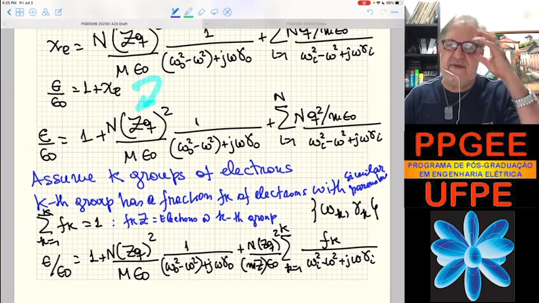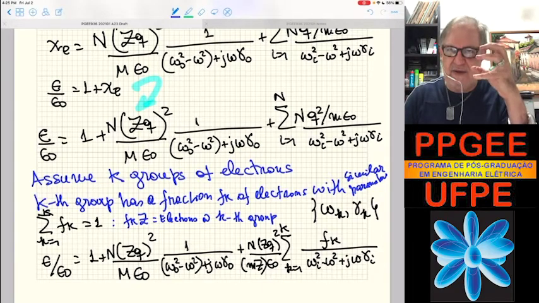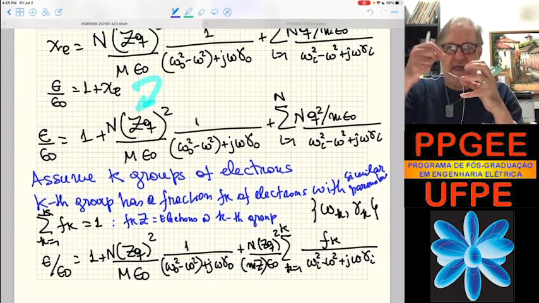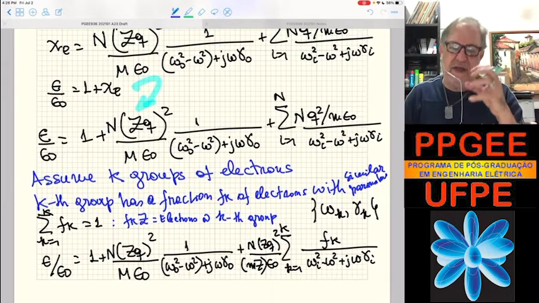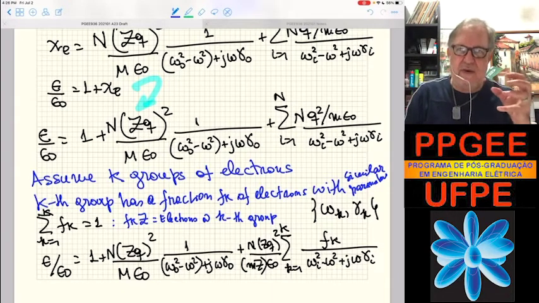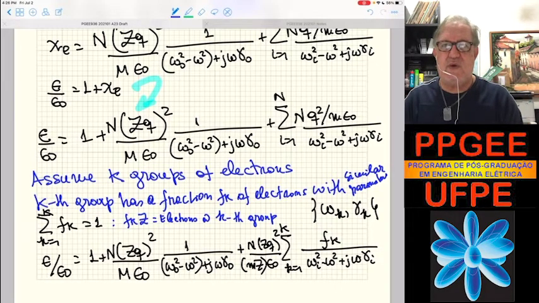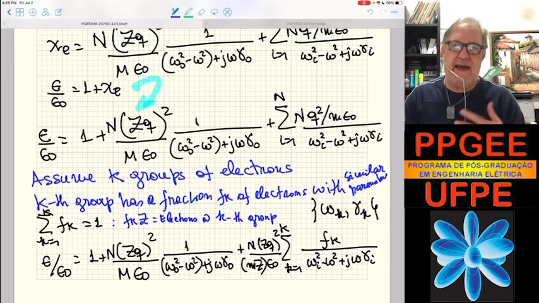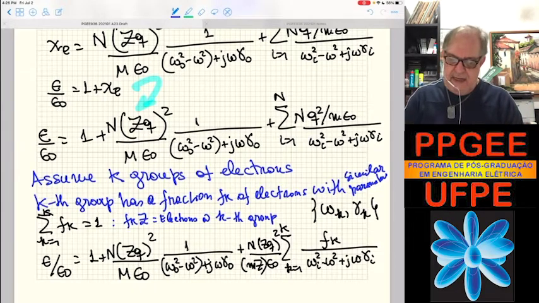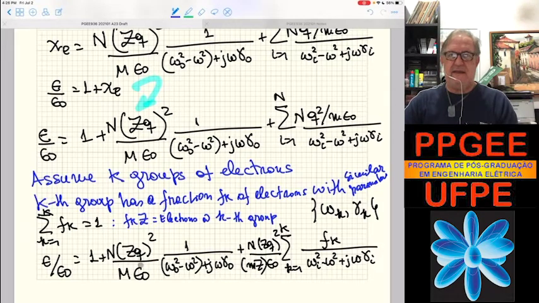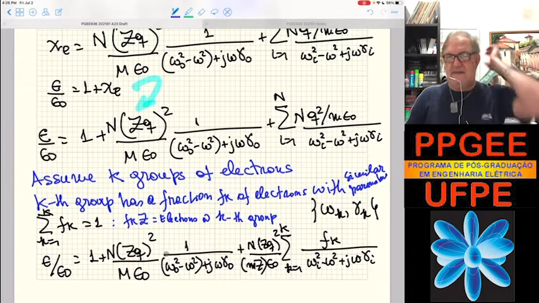parts of a solid, heavy ions, and we have electrons which are light. So the heavy ions or the atoms in the material respond slowly, because omega 0 is related to the mass of the material. So the heavier the charge involved, the lower the resonance frequency. It means that the nucleus has some effect, but at low frequencies.